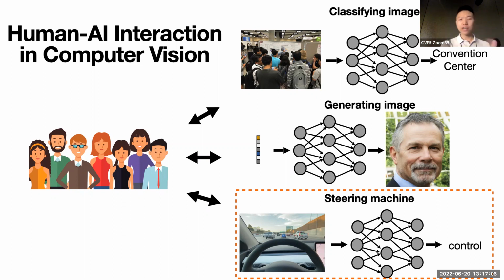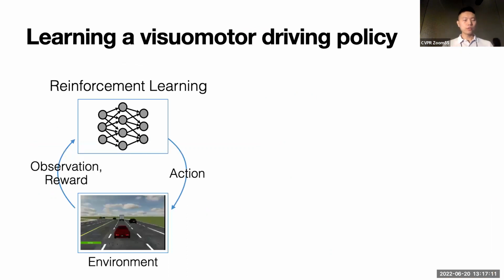So they can navigate to certain locations. So here I try to train an embodied AI model to learn a visual driving policy using this very popular learning algorithm, a reinforcement learning algorithm. So we just build some interactive environments, then we can train this agent.